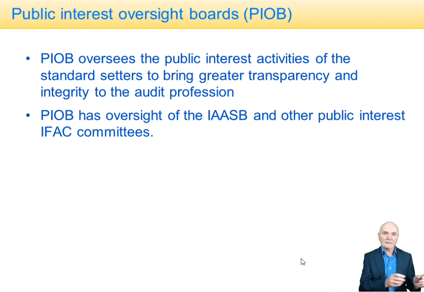So there are banks, there are stockbrokers, there are insurance companies, there are pension funds and so on. These are really public interest sort of responsibilities, and we want to make sure that the regulation of accountants and auditors appropriately reflects their responsibilities to the public interest.